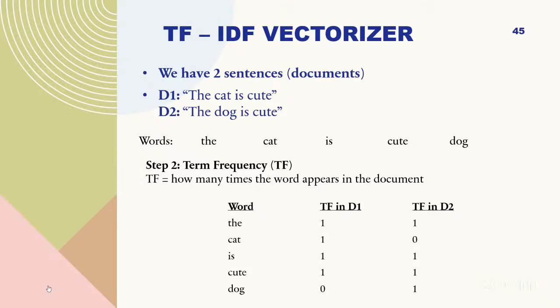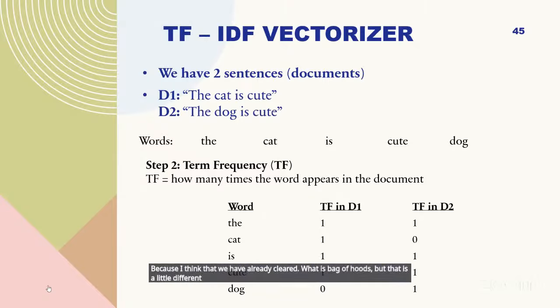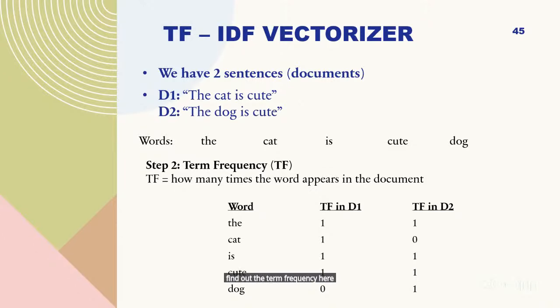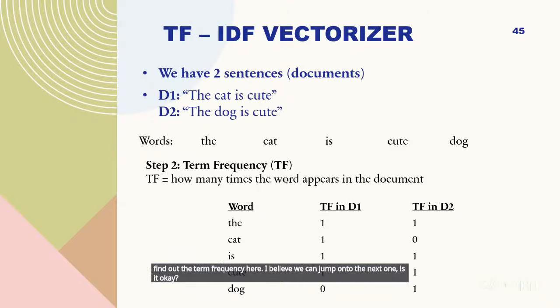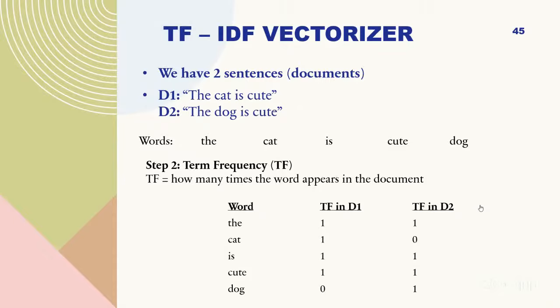Shall I give you the statements, or shall we jump on to the next one? Because I think we have already cleared what is bag of words, but this is a little different, wherein we are going to find out the term frequency here. I believe we can jump on to the next one. Is it okay? Yeah. Okay. Thank you.